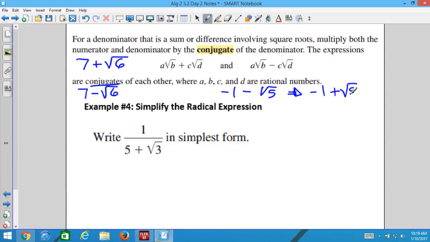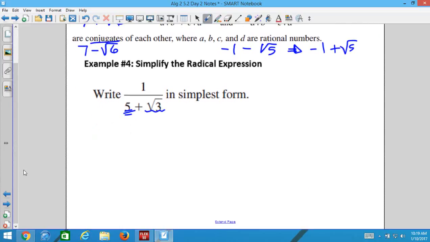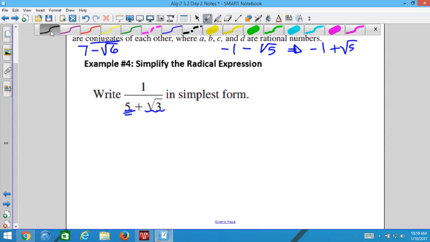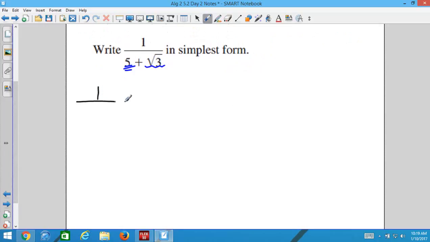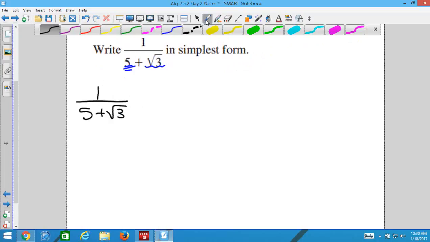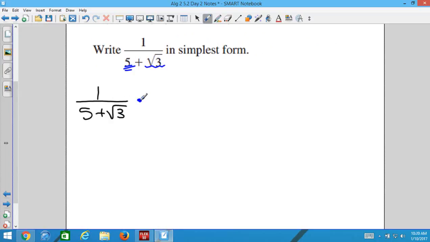Those are conjugates. The reason why we go over this is because when we have a radical in the denominator with another term, when there's a plus sign or a minus sign with it, you have to simplify it by multiplying by its conjugate. I'm going to rewrite this question because it has other words there. They're in my way. In order to simplify that, you have to multiply by its conjugate.